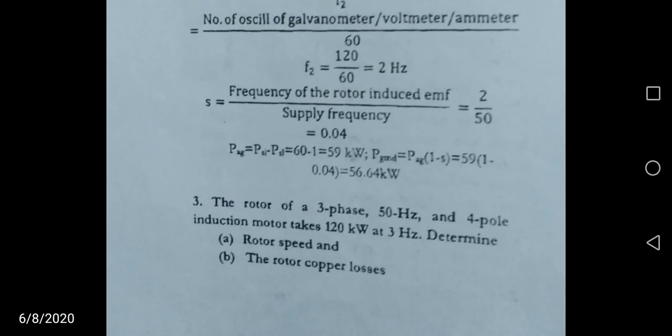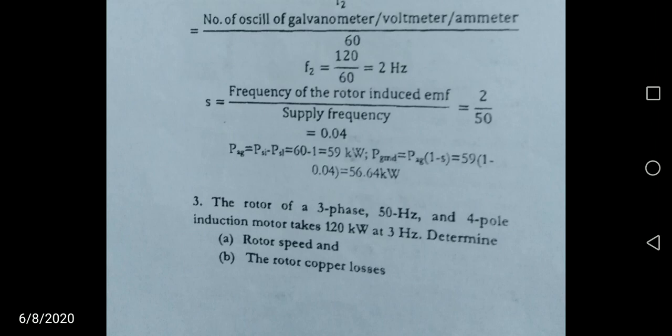So we can say that the rotor speed is 90. That means the rotor speed is 1440 RPM or nearly.